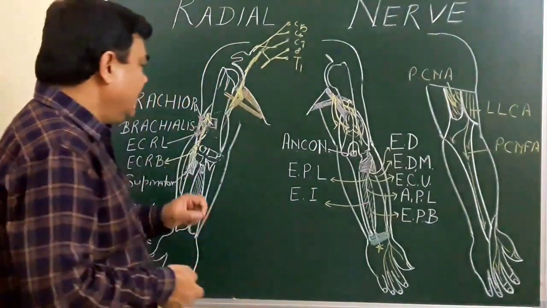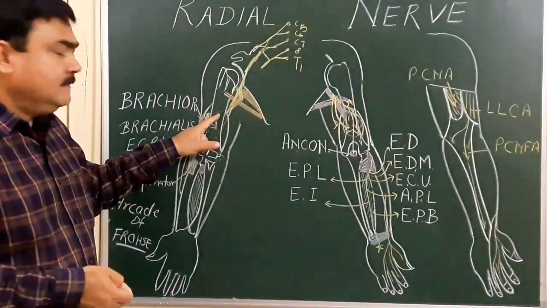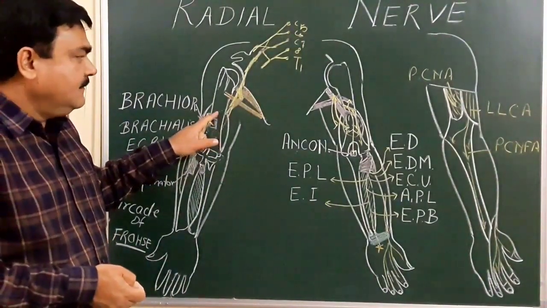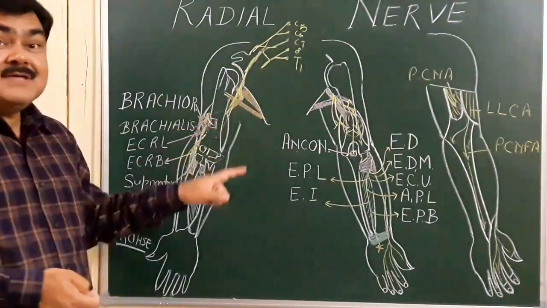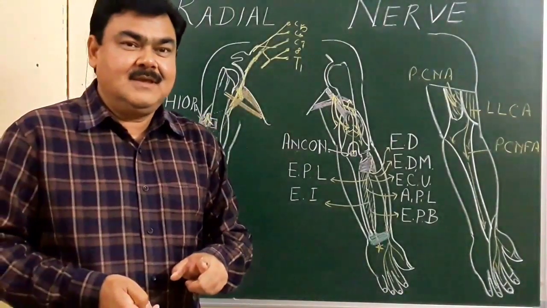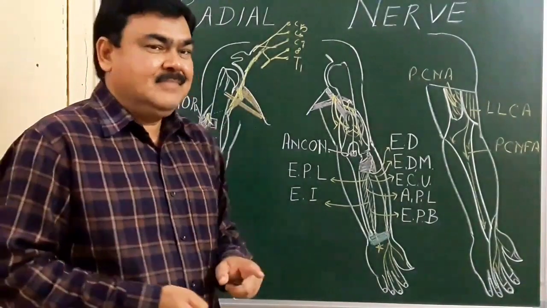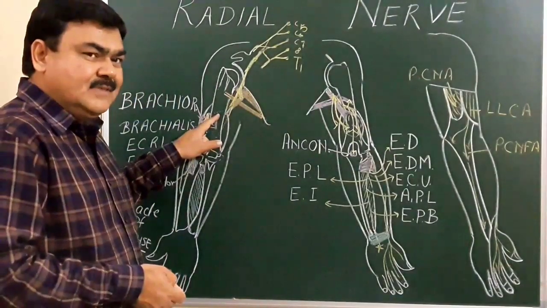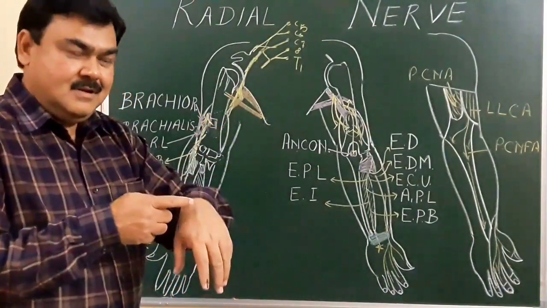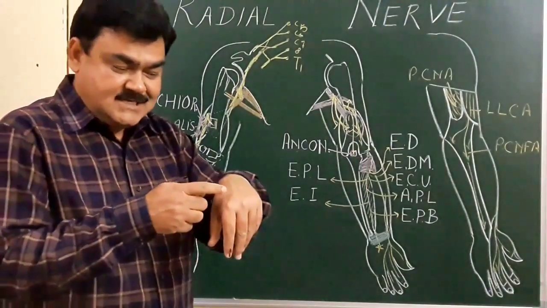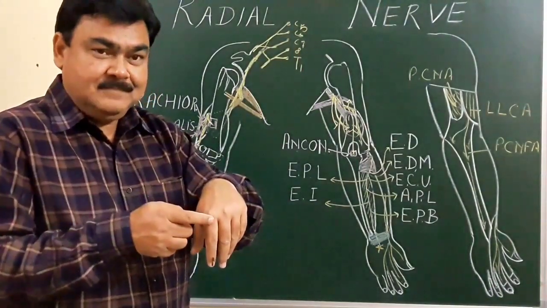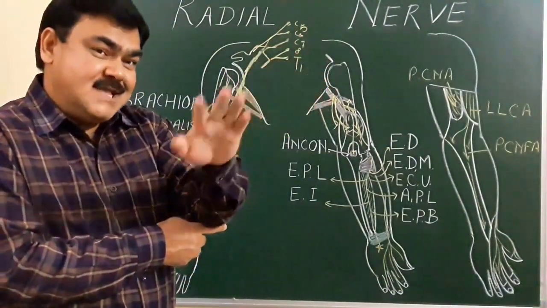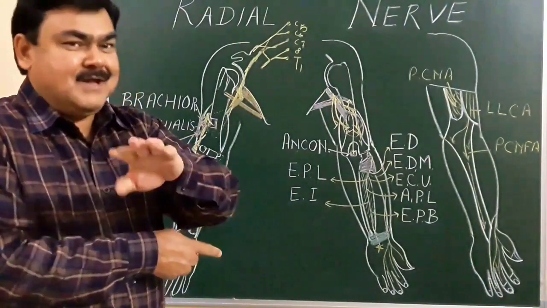Now, another condition: in the radial groove, if the nerve is compressed here, either due to fracture or in Saturday night palsy or sleeping palsy, then what happens? Then again there is wrist drop. The patient cannot extend the metacarpophalangeal joint, but at the elbow joint, the extension is not very much affected.